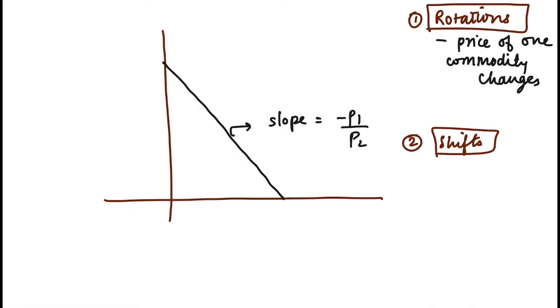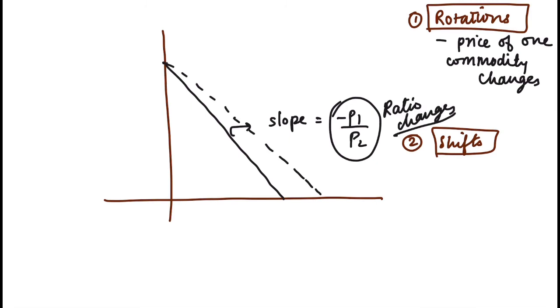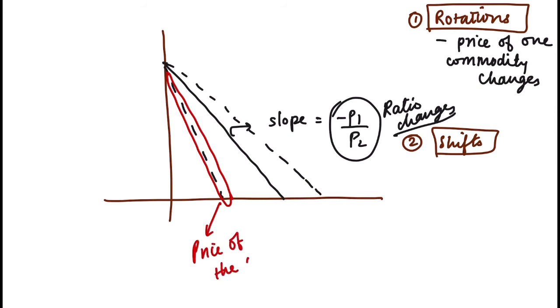So if there is change in either of the prices, this ratio will change. And if the ratio changes, what this means is that the line will either rotate outwards or inwards. So when does the line rotate inward? Well, it rotates inwards when the price of the commodity increases, and outwards when it falls.